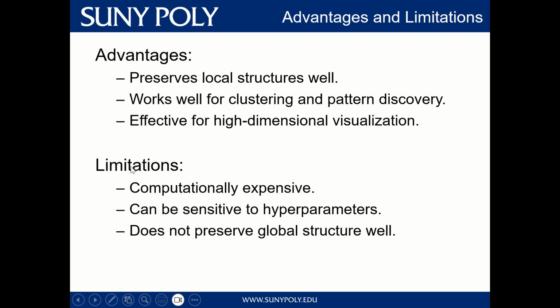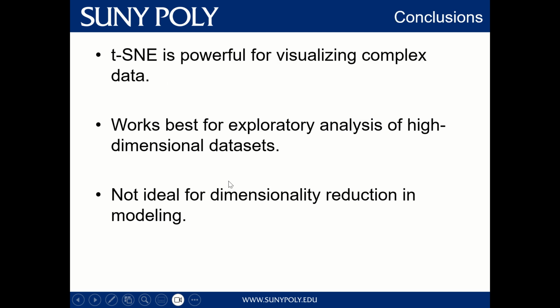The limitations are that it's computationally expensive, it takes time. It's sensitive to hyperparameters, especially the perplexity. You need to change that value. There are different ways to evaluate that, like a grid search where you explore all the possibilities. Another limitation is that it does not represent the global structure well because it prioritizes the local structure.